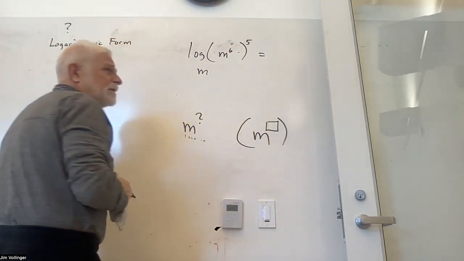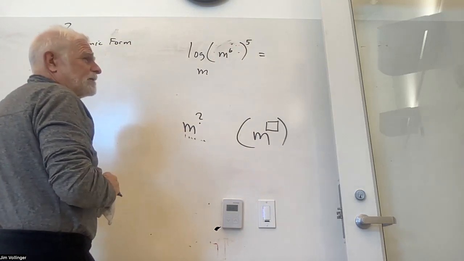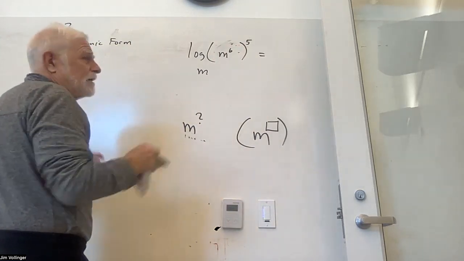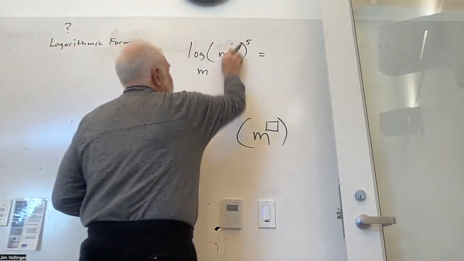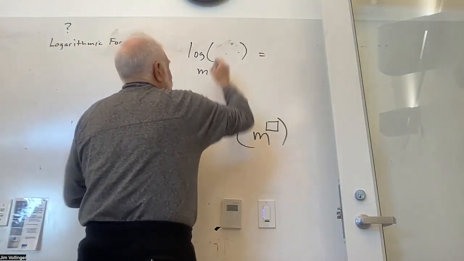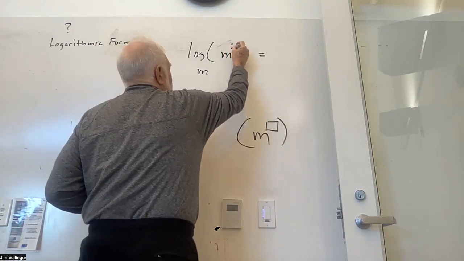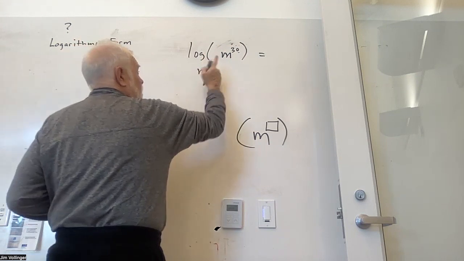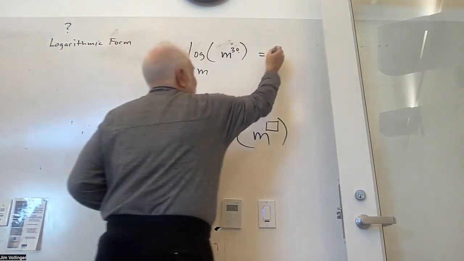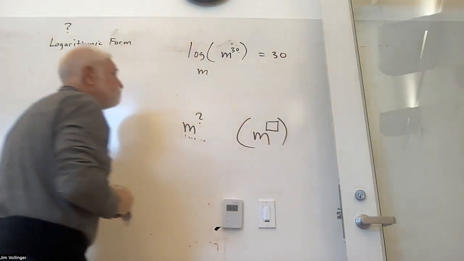And if I do m to the 6 times m to the 6 times m to the 6 times m to the 6 times m to the 6, I think I did 6 times 5. That's 30. So what number do you have to put on top of m to get the quantity m to the 30th? I think it's 30.